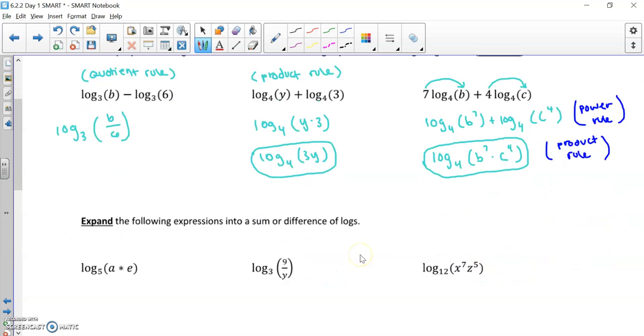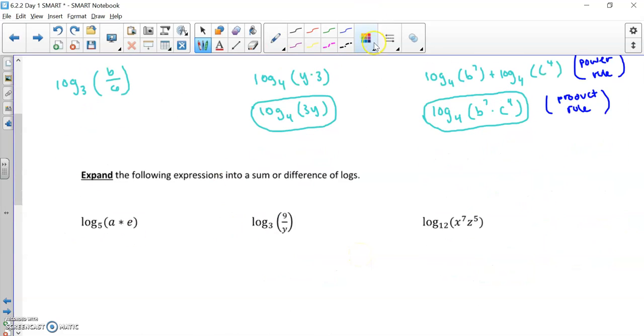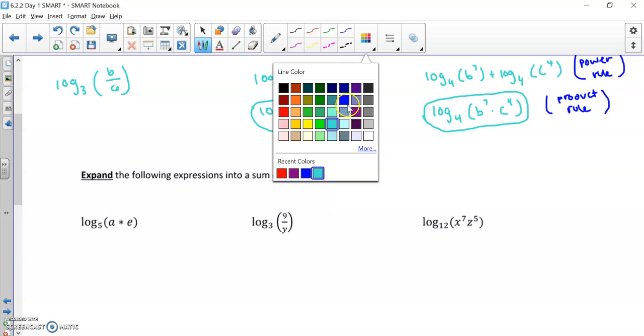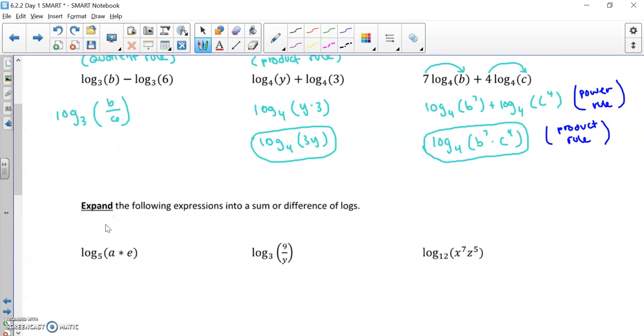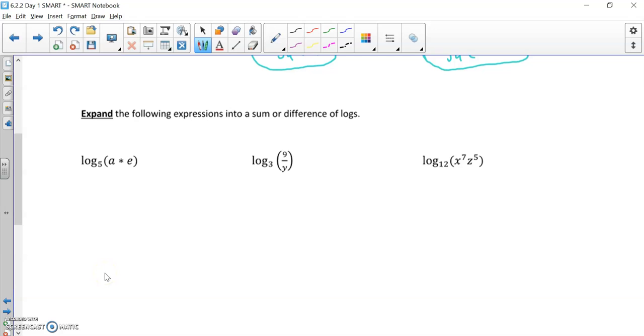All right, so let's do some expansion examples. So here we have multiplication going on. So it's kind of like the opposite of this, right? When we have multiplication, we can go to addition. So because we're expanding, we want multiple logs.